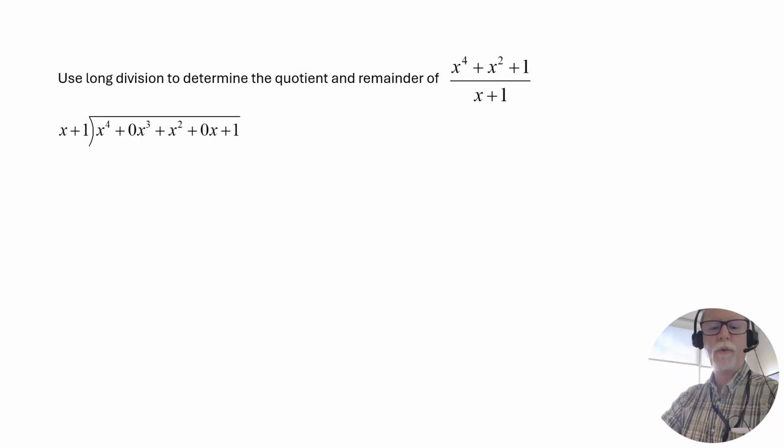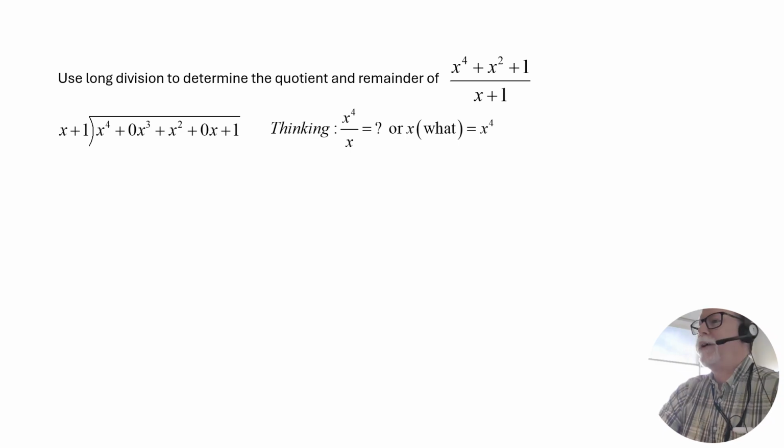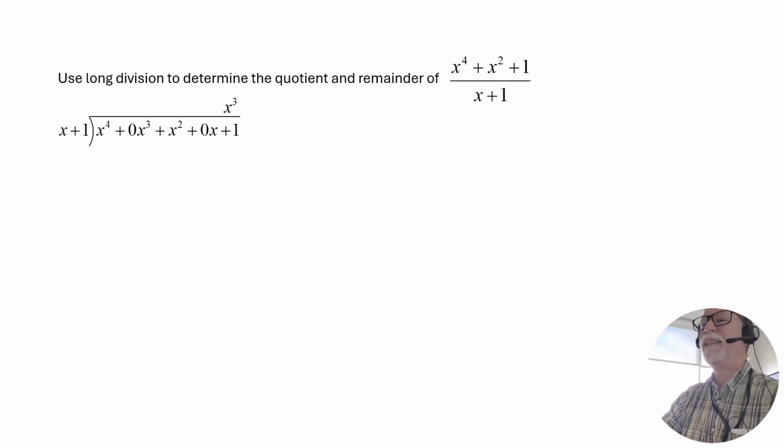And we're just going to do the same process that we did before. Break up the dividend into the terms, compare the leading coefficient of the dividend and the divisor, and what does what? There you go. Write it at the top, and then multiply that by the divisor, subtract the line, and again, suggestion, bring all of the terms down.